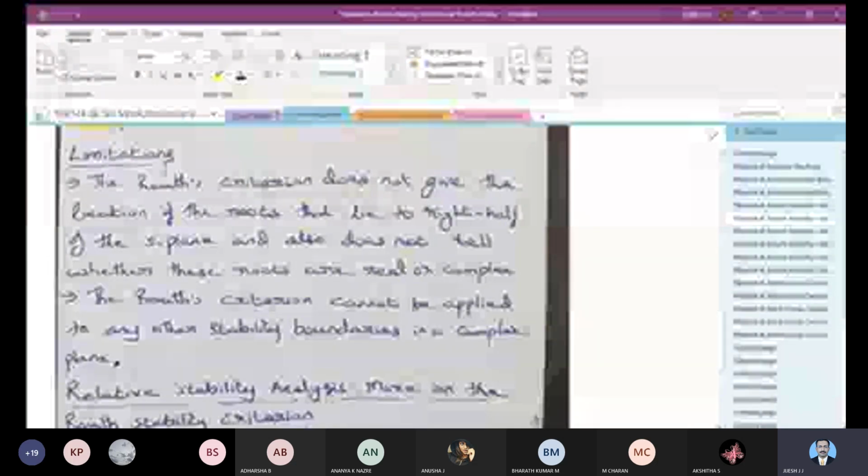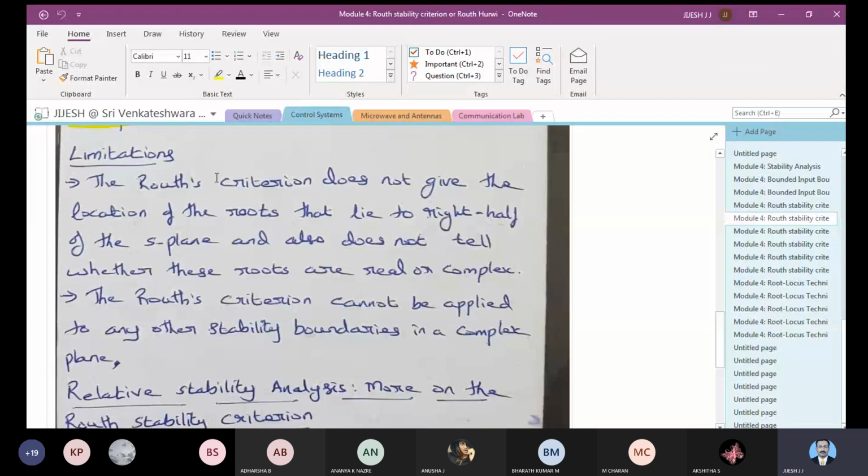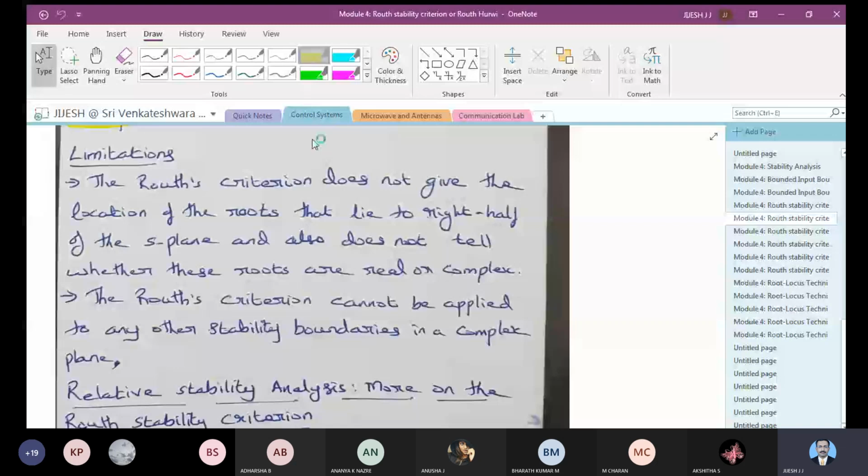So the limitations of roots criteria: it does not give the location of the roots that lie to the right half of S plane. That is one of the limitations. It shows that roots are lying in the right half of the S plane, and does not tell whether the roots are real or complex.